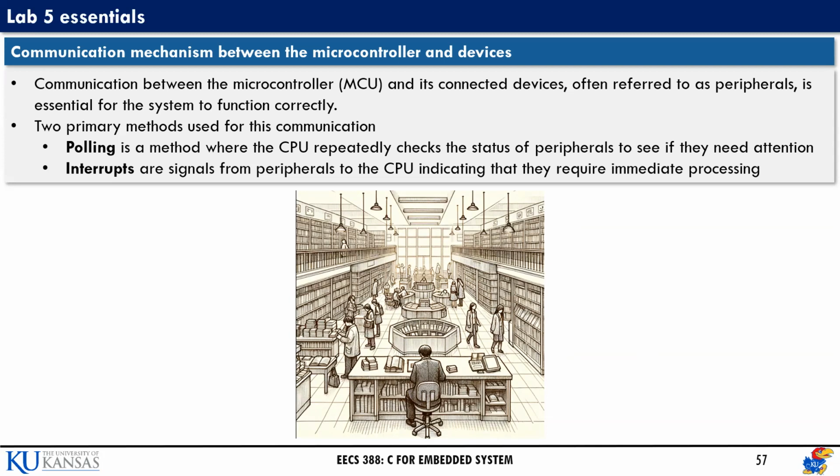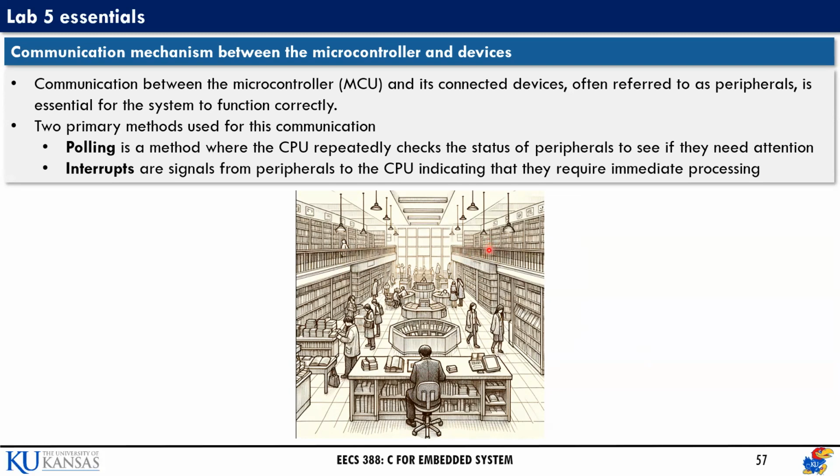Imagine a large library with numerous sections and a central help desk where librarians assist visitors with finding books, answering queries and providing recommendations. In terms of polling, the polling is basically a routine check. The librarian periodically leaves the help desk to walk through the library sections, as you can see here, we have different sections, and checks if visitors need any help.